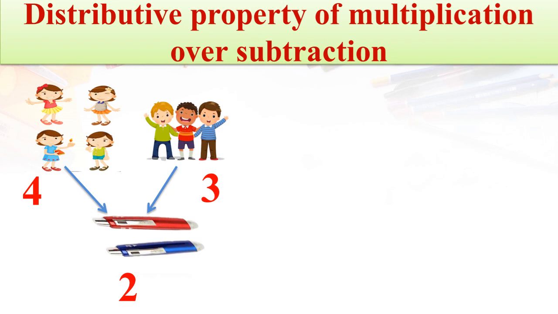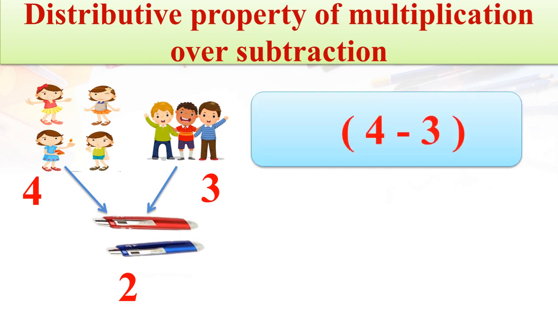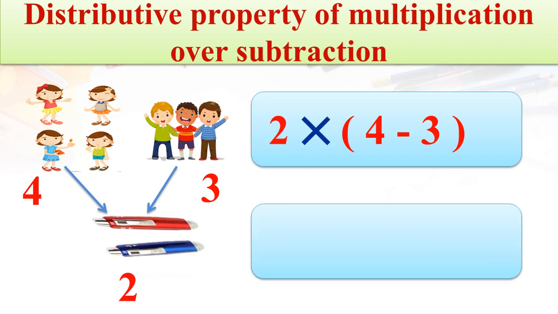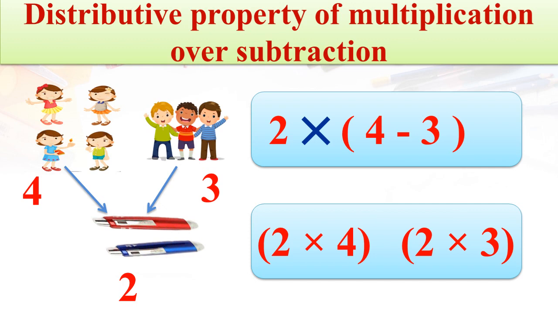Here, we follow two methods. First one, we subtract the number of girls and boys and then multiply by 2. The other method, we first multiply every number by 2 and then subtract the values.